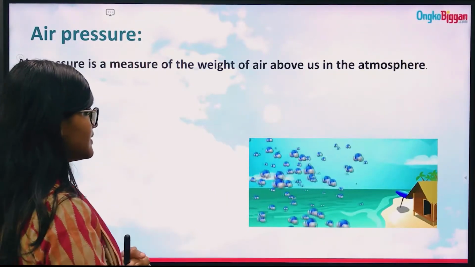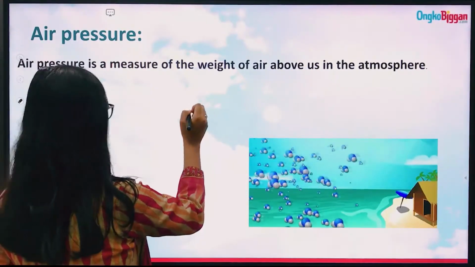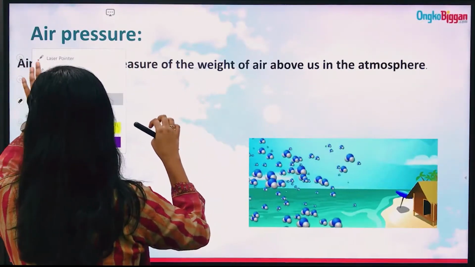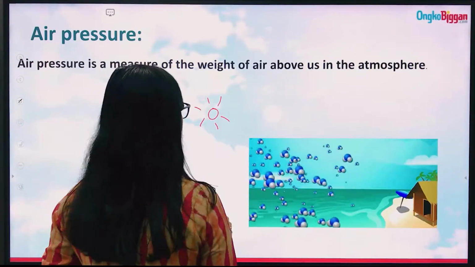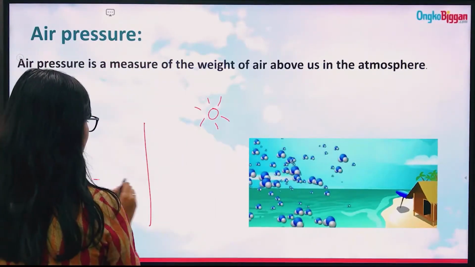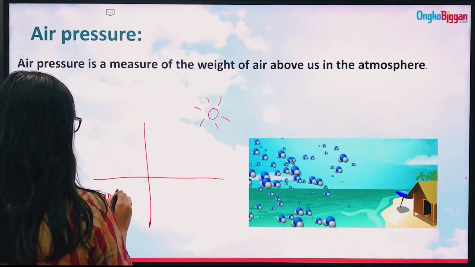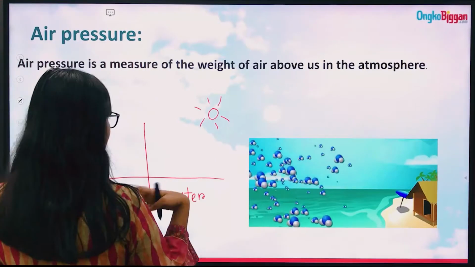When we have high pressure in an area, that means when the sun hits an area, suppose there is a land area and a water area, or any type of area.